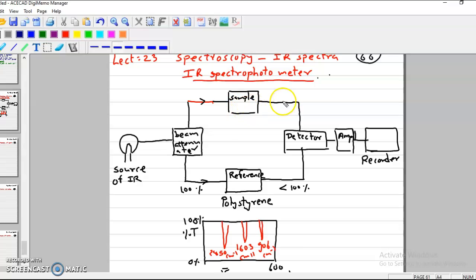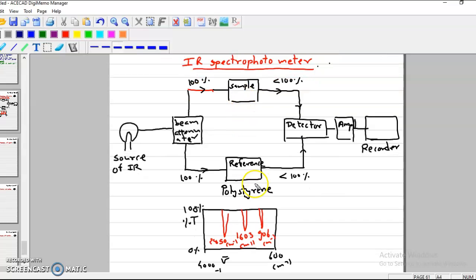Then we run this. Here the intensity is 100% for IR radiations, but when it passes through the sample, it will be less than 100%, and this will also give us our IR spectra in the recorder. So the IR spectra in the recorder with sample and reference will be like this.